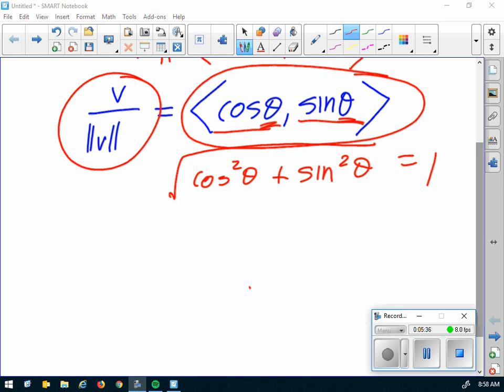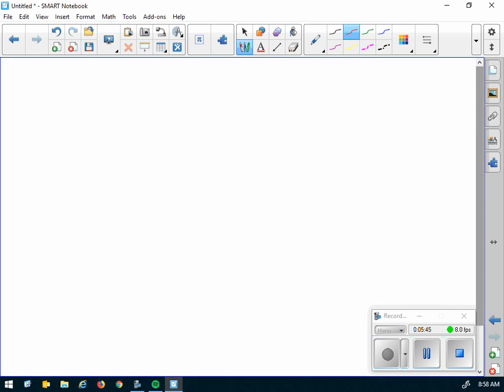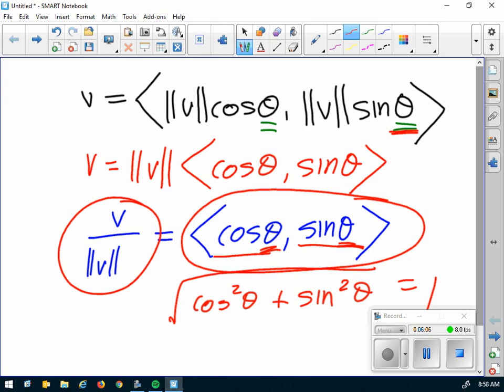Now let's go to your number 22. Find the components of the vector v with direction angle 115 degrees and magnitude 6. When it says direction angle, that's already telling you it's in standard position. Let's write that vector. Now remember, we're going to write it just like this.